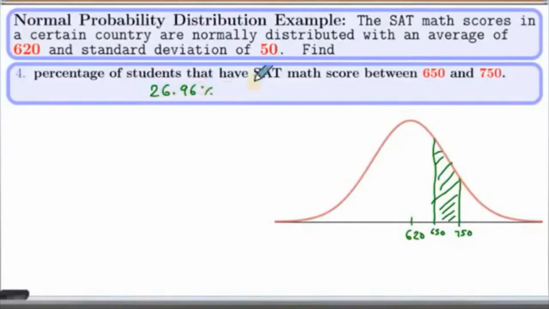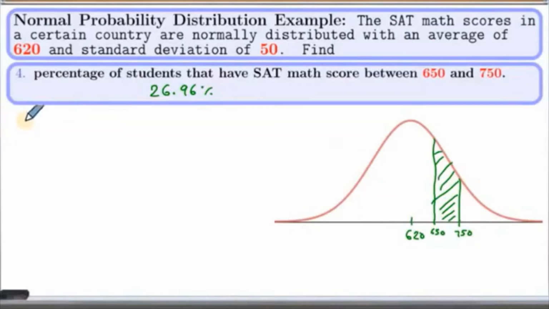Now, let me show you how to get this area using the table. For that, we need to find the z-score for 650 and the z-score for 750. Let's do one at a time. Let's do 650 first.